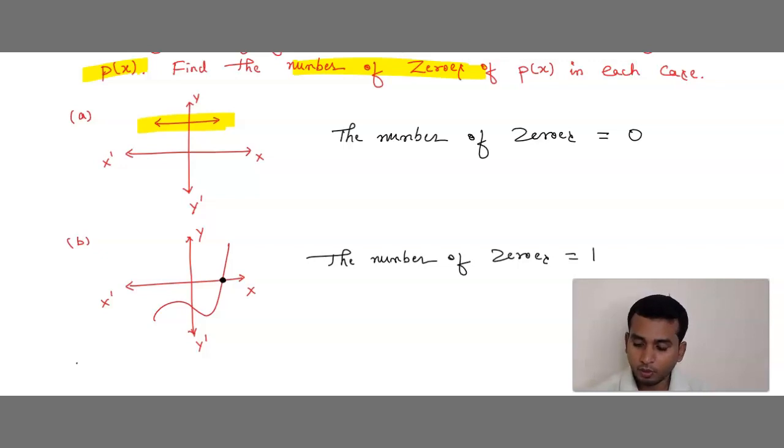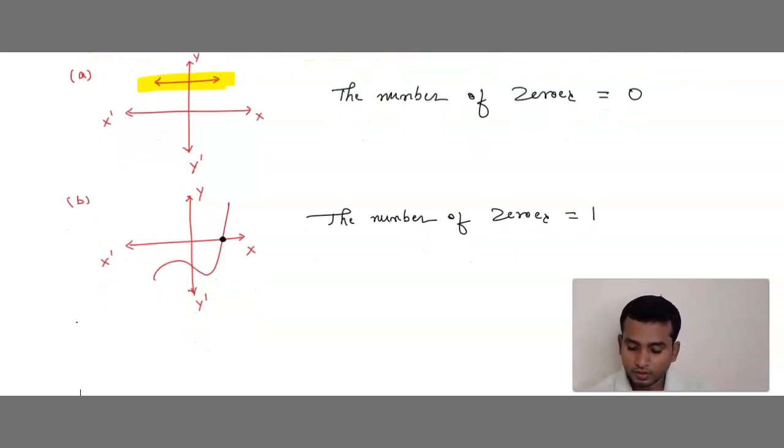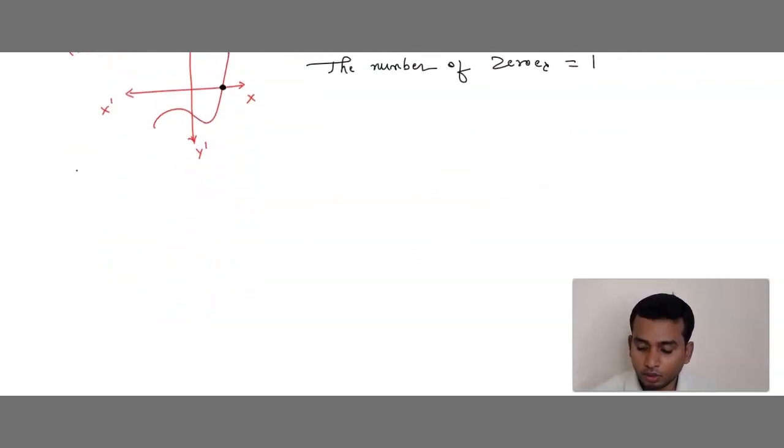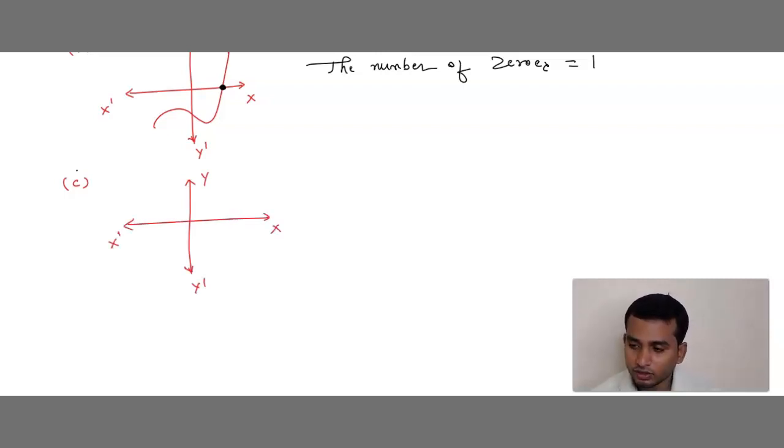Shall we try one more problem? Are you getting, children, how to find the number of zeros? It is a 1 mark question, very important, do not forget it. So this is our y-axis, y dash, and this is our x-axis, x dash. Now I will show you the graph like this.